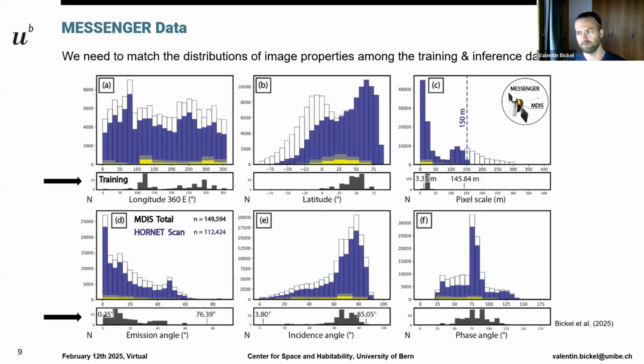So you have to try to closely match the distribution of properties between the training and testing sets and your full data set, of course. Otherwise, your model wouldn't be able to detect hollows in all those images, right? And you can see that works pretty well, but not always perfectly well. And it's also, of course, limited by the fact that not every image that we could draw from the overall data set has a hollow in it, right? So you're also limited by the knowledge you have before you deploy the tool on the global scale.